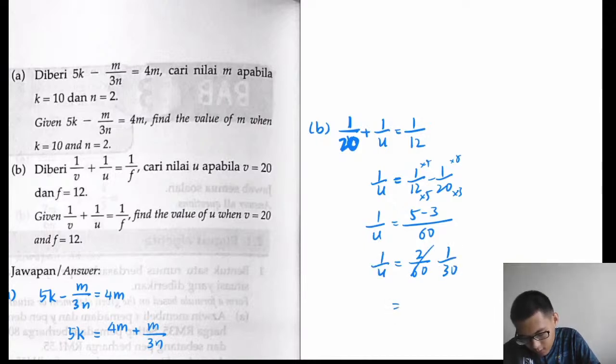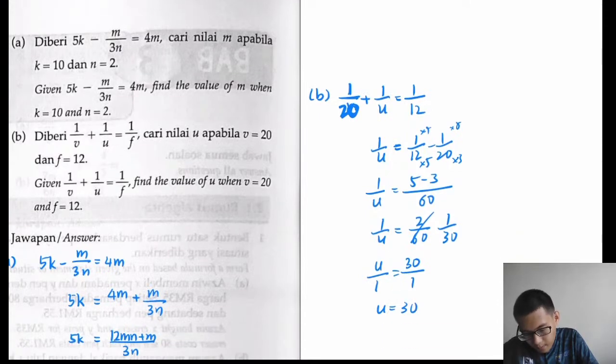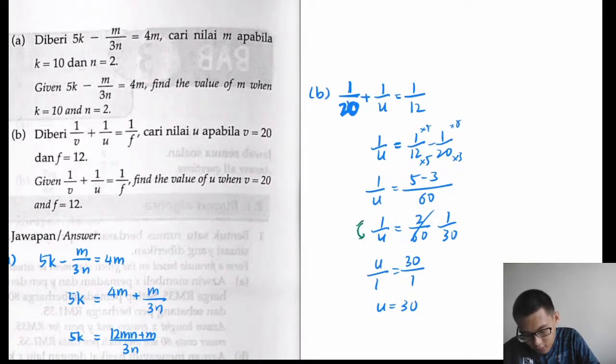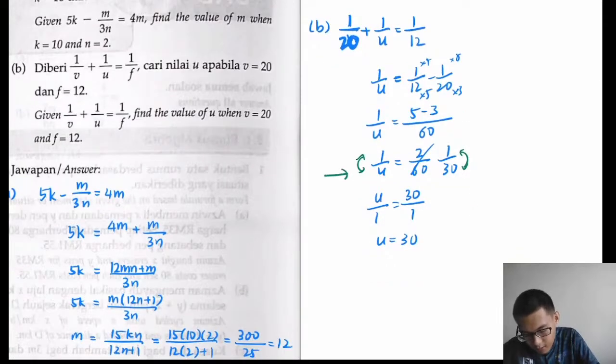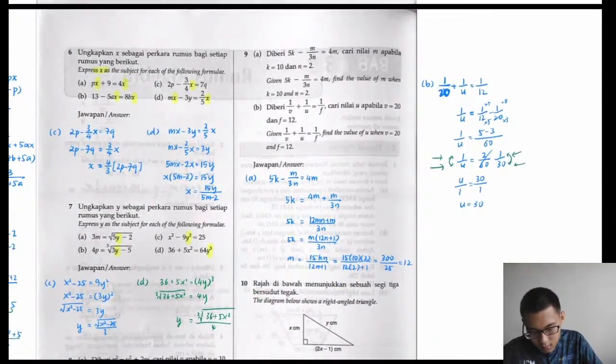But here we can use the factor, because now we have 1 over like that. So u is equal to 30. We can compare the denominators, because 1 equal to 1 already. So u equal to 30. Okay, done.